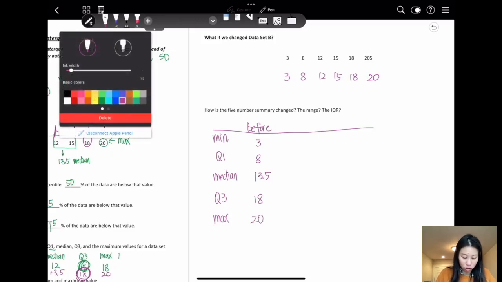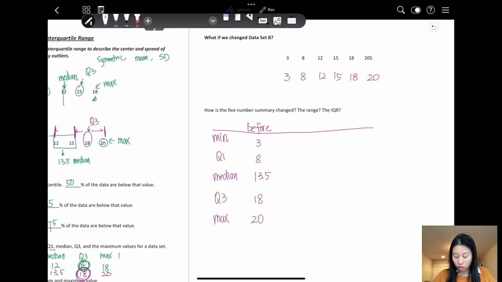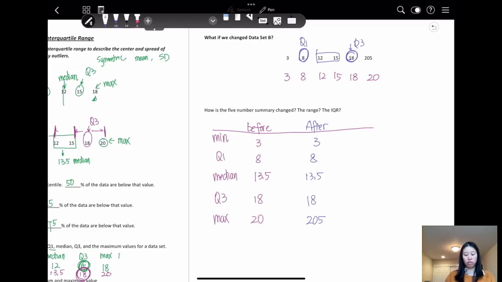After, we should have the same minimum, but the maximum changed to 205. But what about the median? The median is still the average of the middle two numbers, which is 13.5. And Q1 is also 8, and our Q3 remained the same, 18. So that means only the maximum changes.